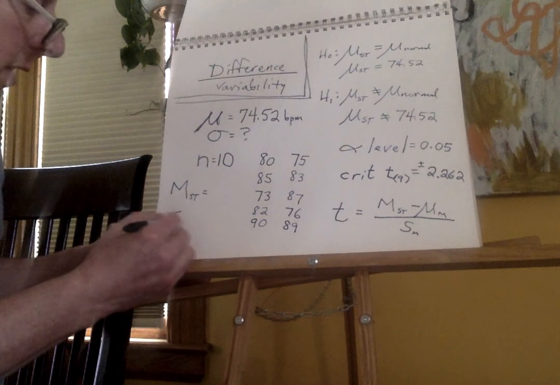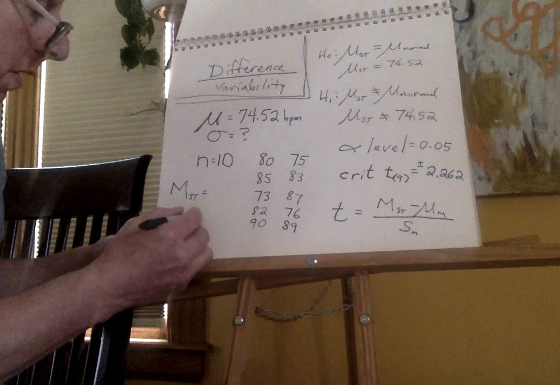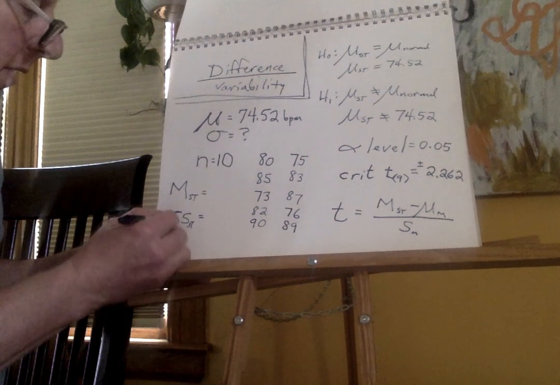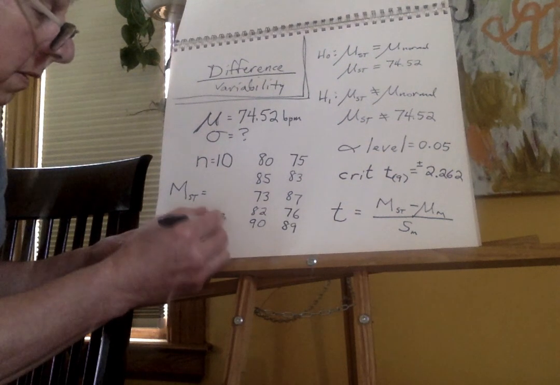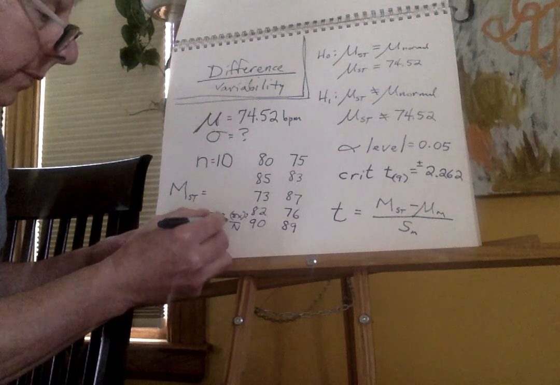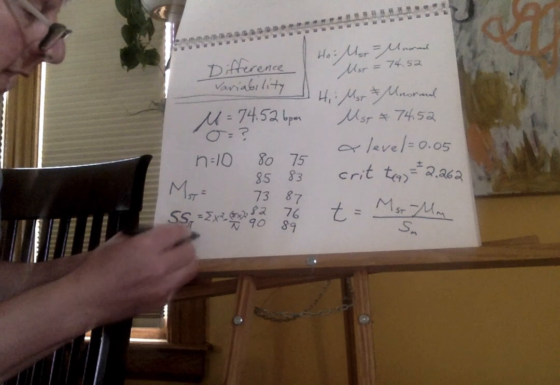We also need to get the standard deviation for our soundtrack, but we start with SS, right? This capital S, capital S. You guys got it? And then we convert to little s.